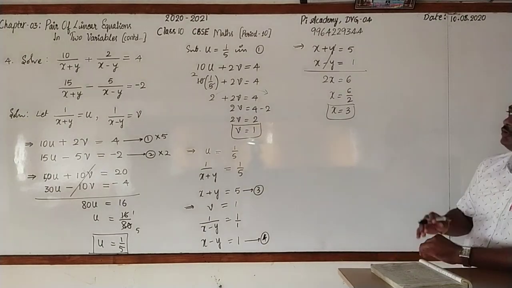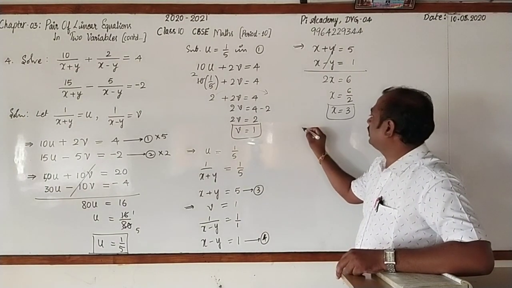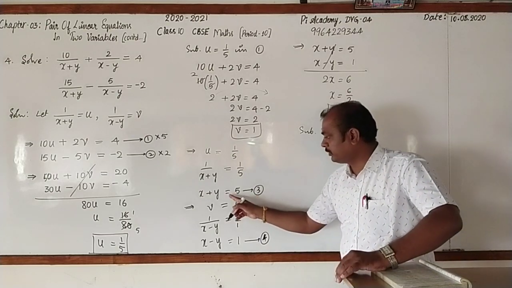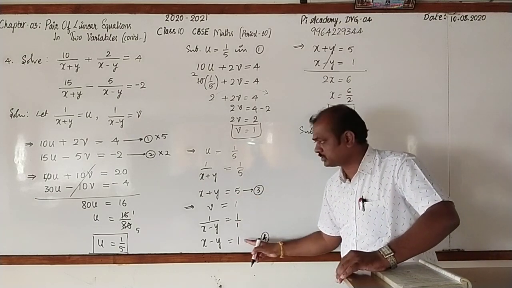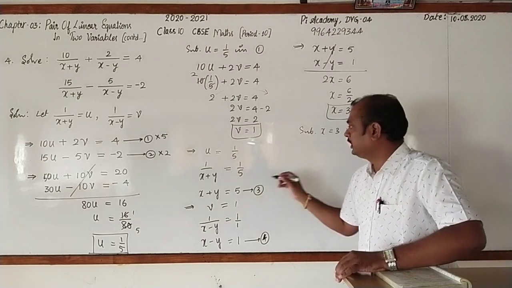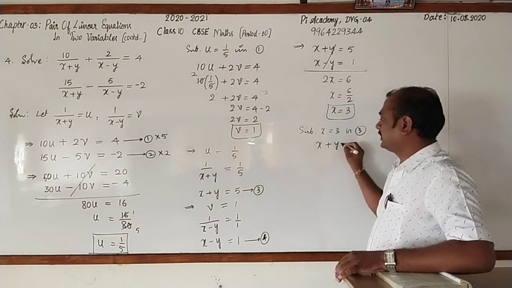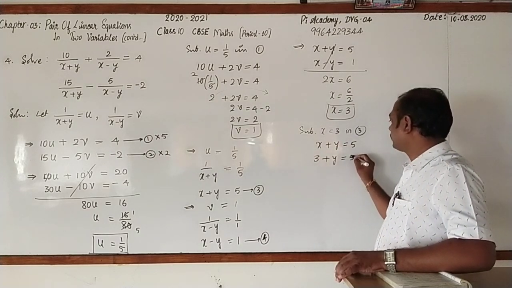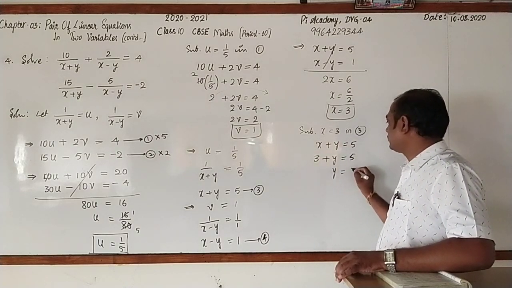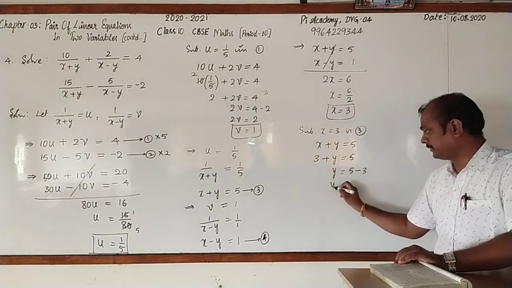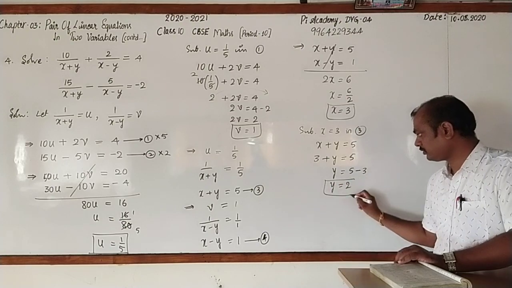Then we should find out the value of y. Now you may substitute x equal to 3 either in equation 3 or in equation 4. I go for equation 3. Equation 3 is x plus y equal to 5, where x is 3, so 3 plus y equal to 5. Now y is equal to 5, transfer 3 to the right hand side, minus 3. y equal to 2.